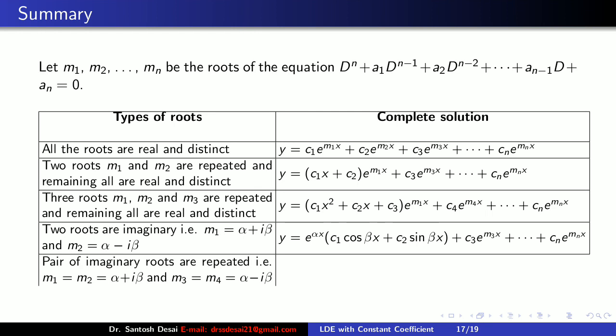And the last case, if pair of imaginary roots are repeated, that is m1 = m2 = alpha + i beta and m3 = m4 = alpha - i beta.